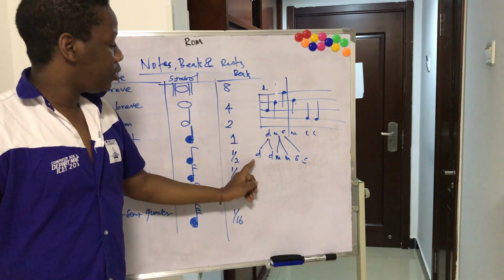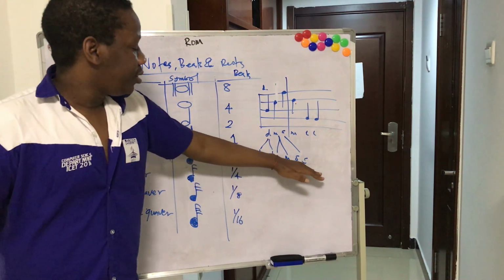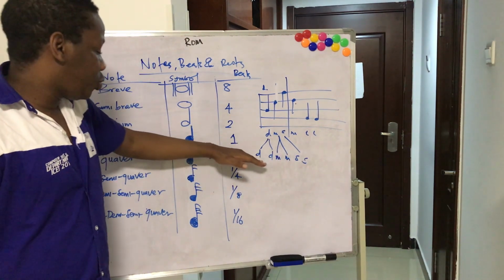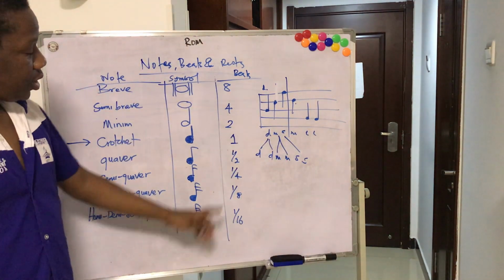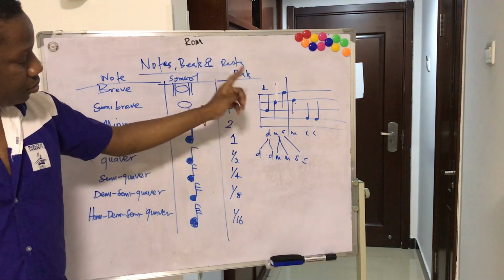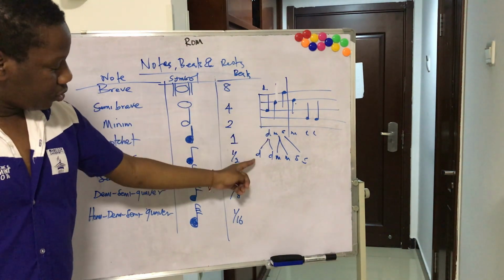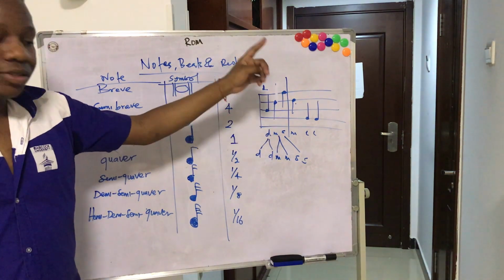This is half, so I would call out 2 of this one to give me this one. Again, do, do, mi, mi, so, so.